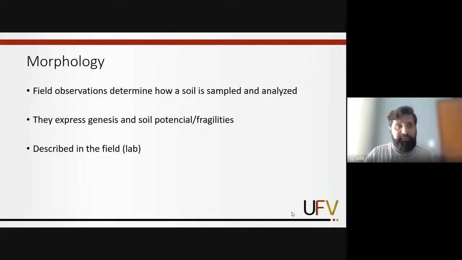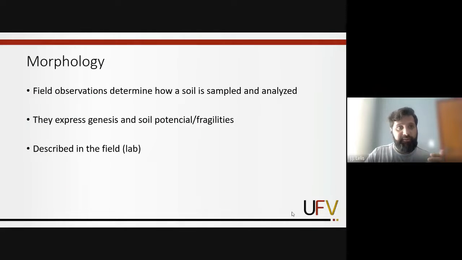These properties that I can describe in the field are really important because they express genesis and soil potential and fragilities. So I can understand how soil was formed according to its morphology.